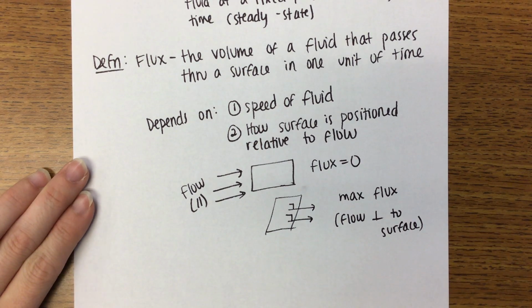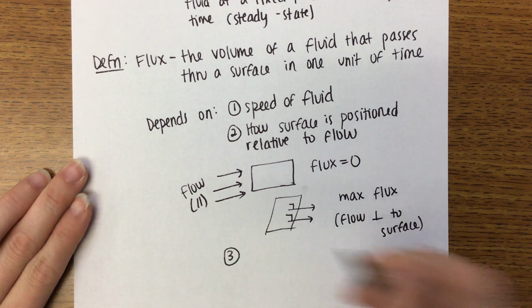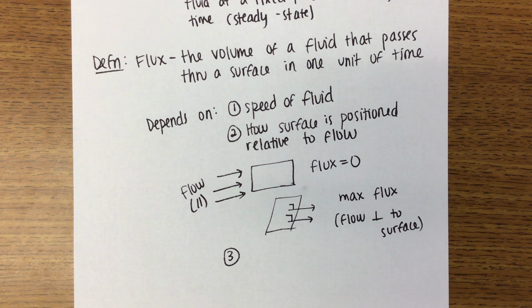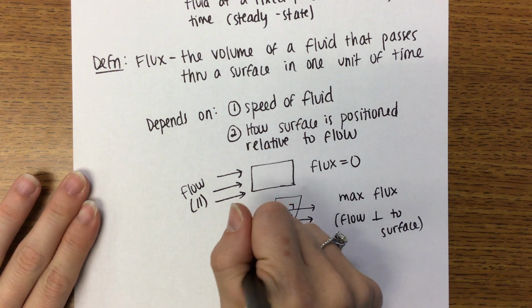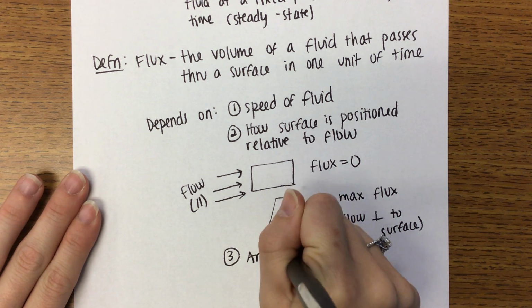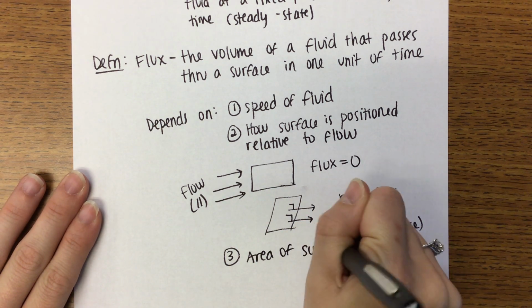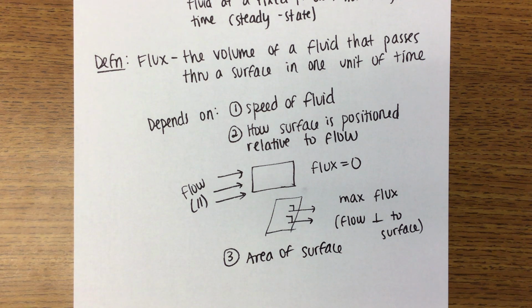Okay, there's one more factor that influences the volume that gets through. Do you have any idea? Yes, the area of the surface. All right, larger area, there's going to be a larger flux.